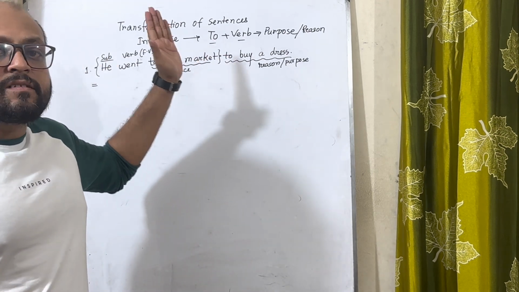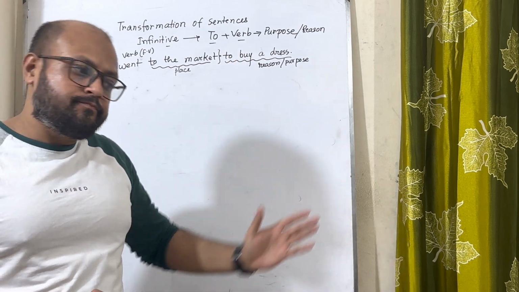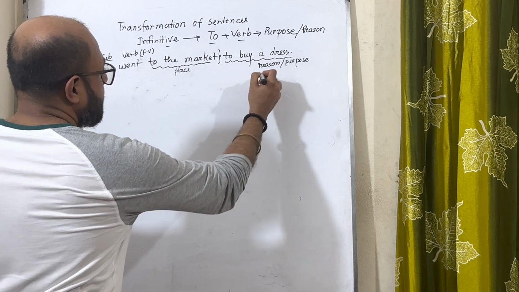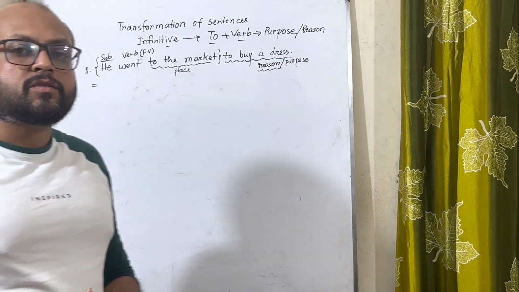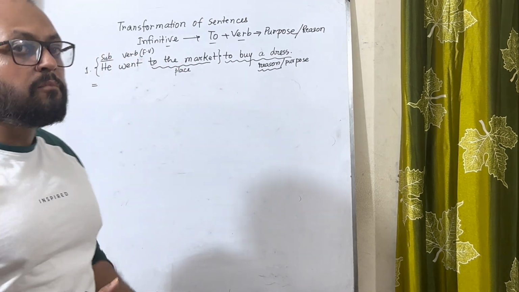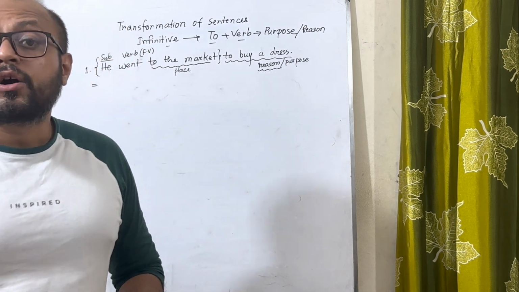This part is telling me the answer. Alright, so now we can easily understand that infinitive is showing a reason or purpose of the action, why he went to the market. Now we will turn it into a complex sentence.